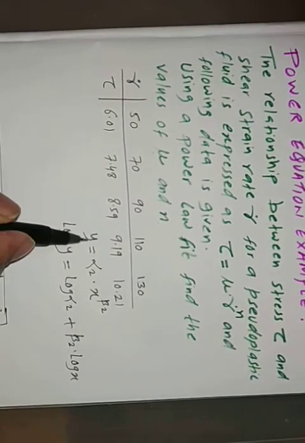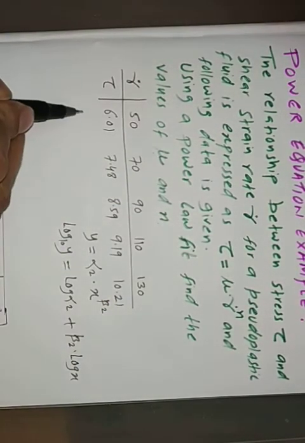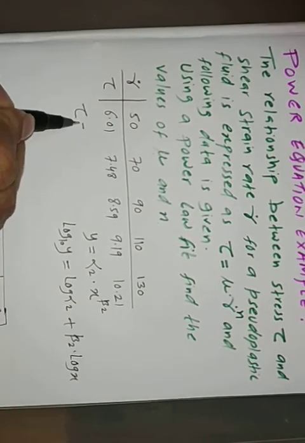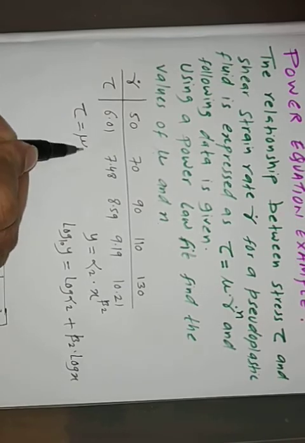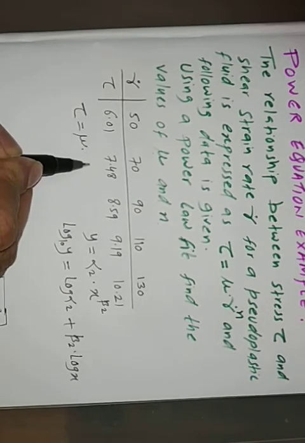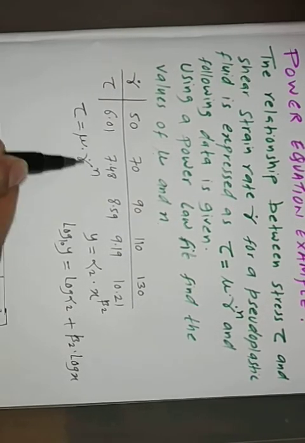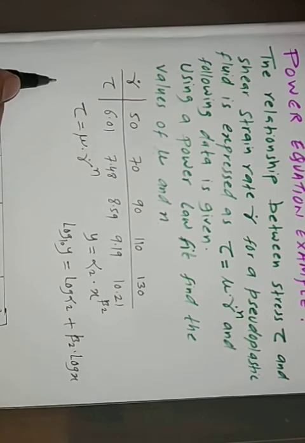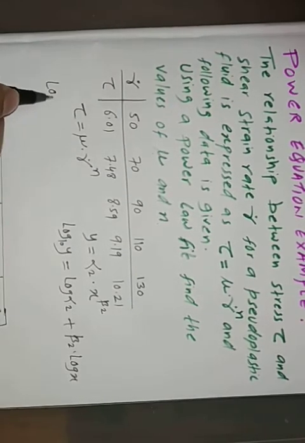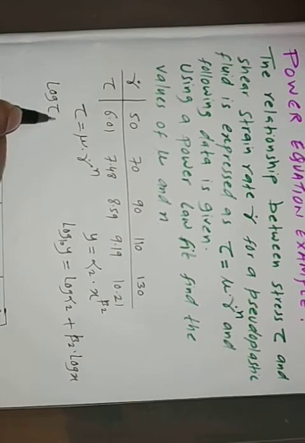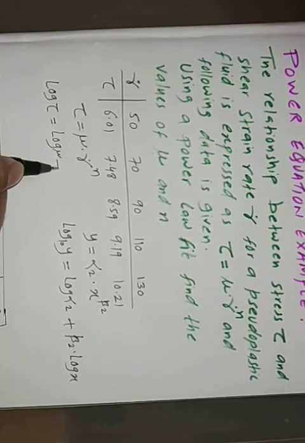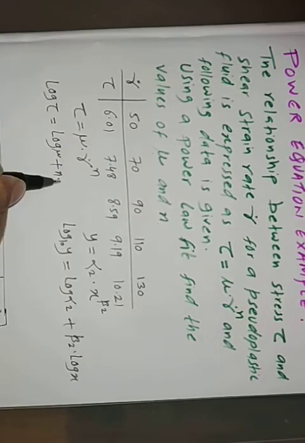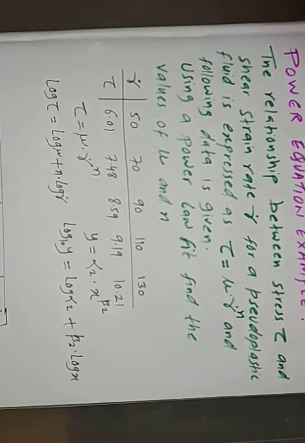Okay, so similarly this equation can be linearized. tau is equal to mu into gamma dot raised to n. So again take log to the base 10. Log tau is equal to log mu plus n into log of gamma dot.